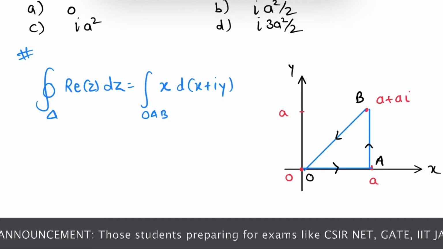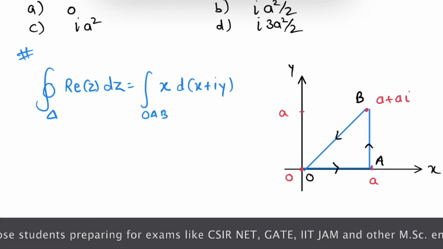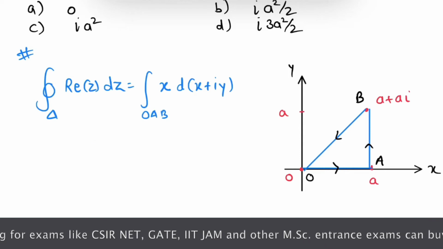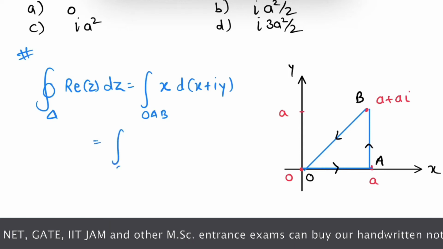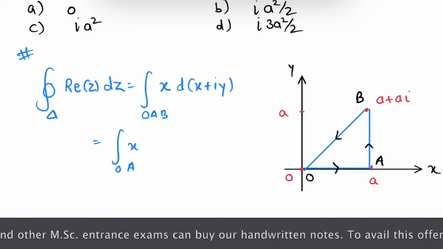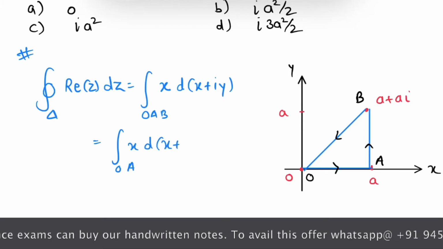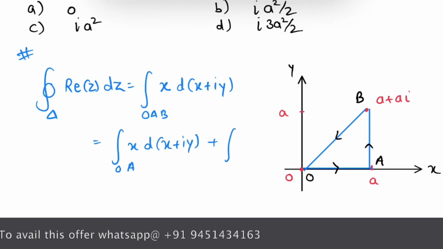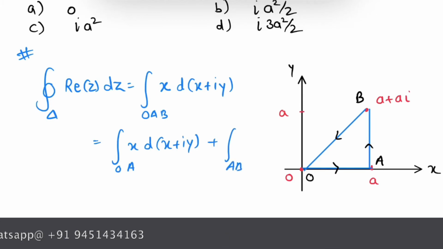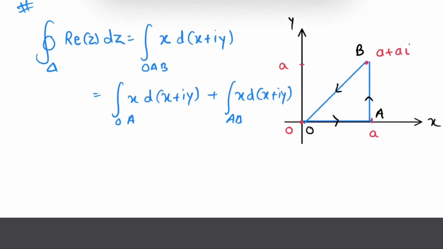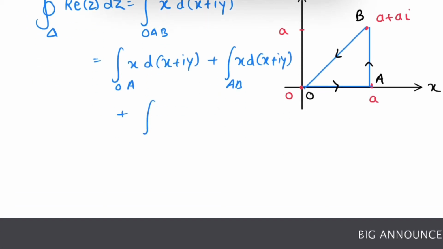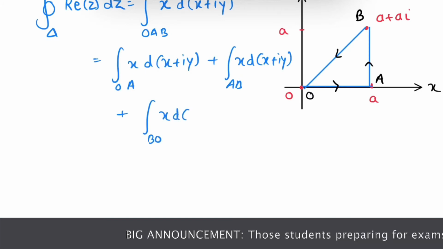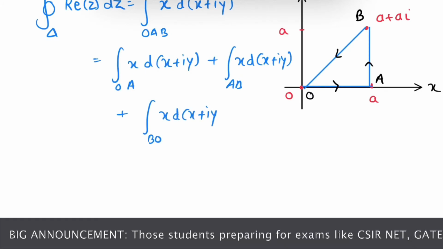Since we have to find the integral in the counterclockwise direction, this integral will be the integration from 0 to a of x d(x plus iota y), plus the integration along AB of x d(x plus iota y), plus the integration along BO of x d(x plus iota y).